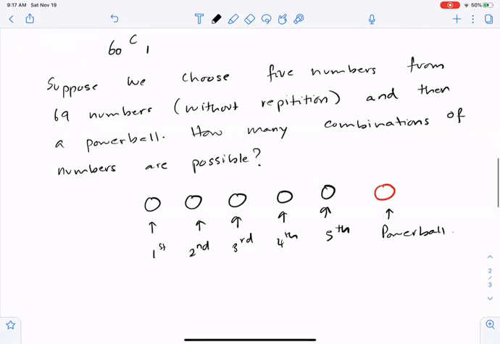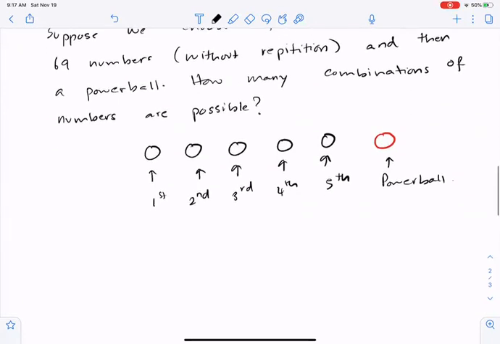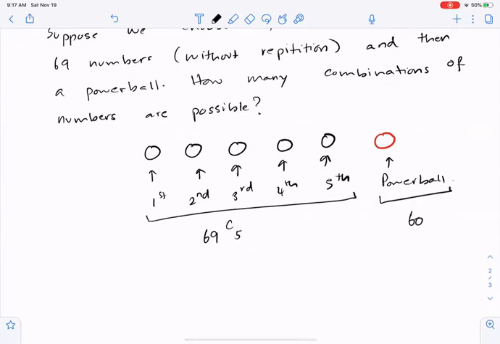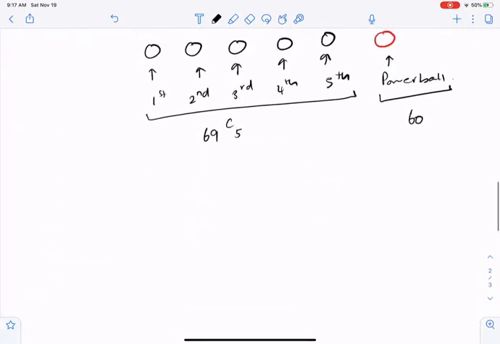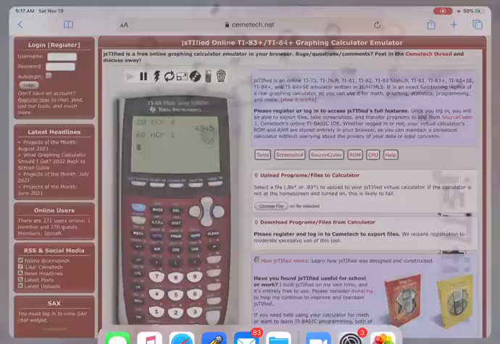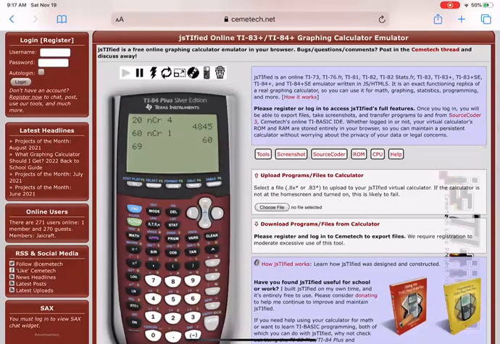I believe each state does it in a certain way. So first we've got to choose 5 numbers. Just choose 5 of them from the 69. So we would have 69 choose 5. The last one, we have 60 possible ways from earlier. Let's go to the calculator. 69 choose 5. The last one will happen in 60 ways.